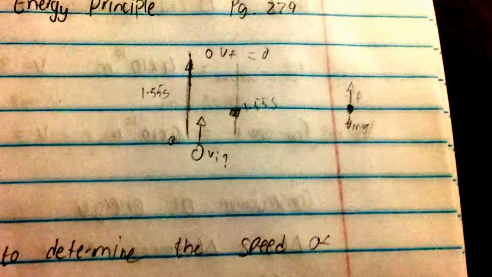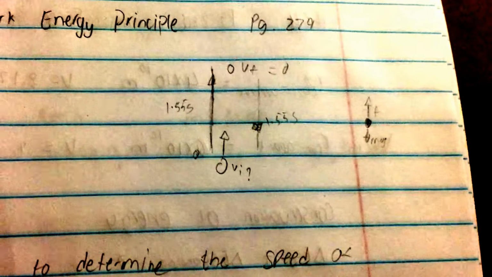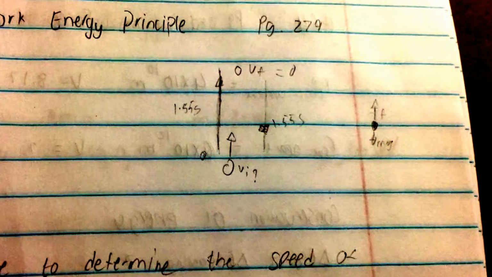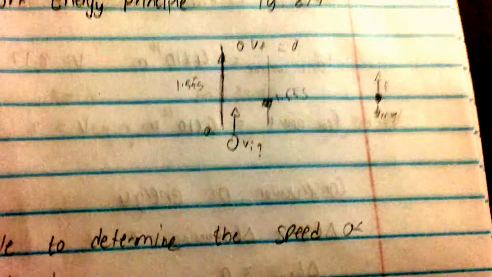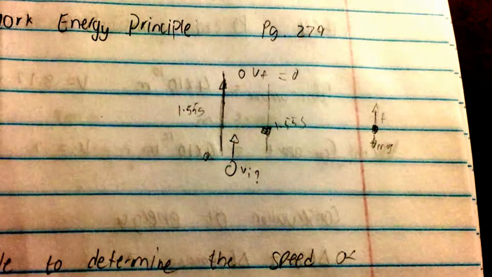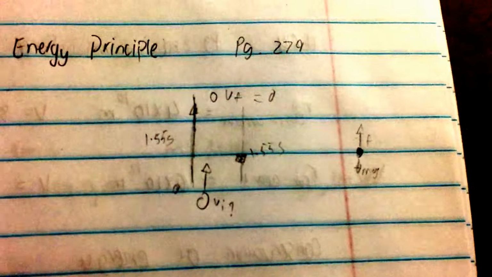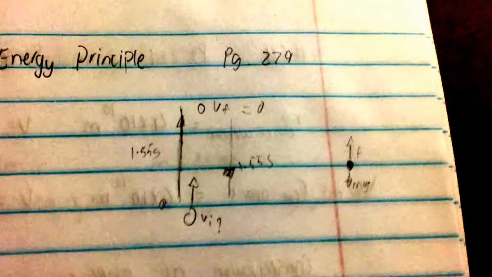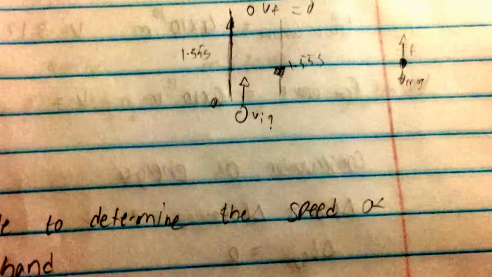That means that at the very bottom, as soon as it leaves your hand, the speed is going to be the highest, because at that point the most magnitude of force is being applied. Gradually over time, as gravity pulls down on it, that force decreases. That is what causes it to stop at the top, because at that point gravity overcomes that force, and then it's going to cause it to move downwards.